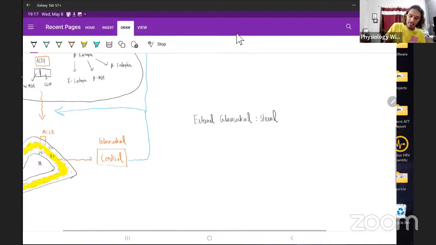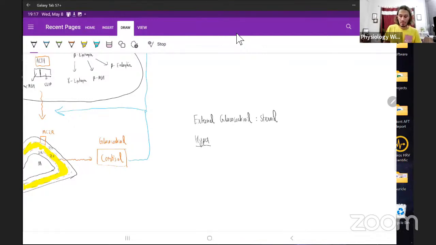Or say he has any sort of hyperactivity of your adrenal cortex. So one example of that is your Cushing syndrome. So in both these instances, what is happening is, as long as a large enough dose is given and it is given for a long enough time, usually if given for more than 1 week and a dose of more than 5 mg.